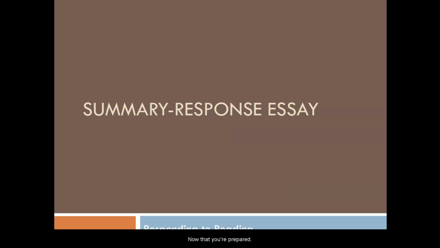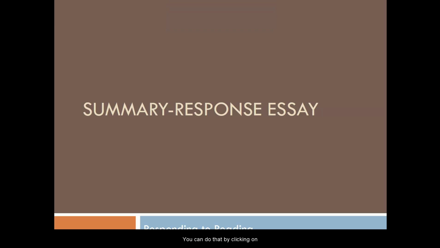Next, now that you're prepared what you're going to record, which is your presentation, you're going to go using the internet to Screencast-O-Matic.com. That's Screen, CAST dash O dash MATIC.com.